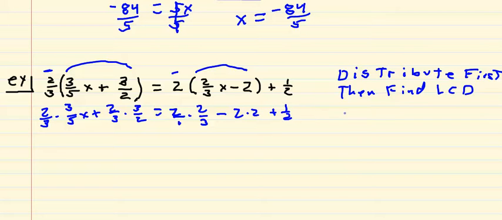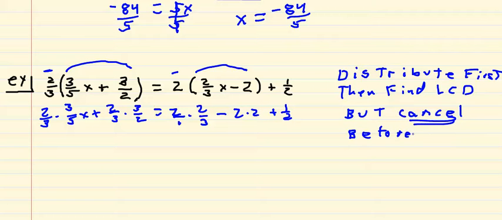All right? I distribute, and then I want to find the least common denominator. But cancel. I cannot overemphasize that you need to cancel before you multiply.